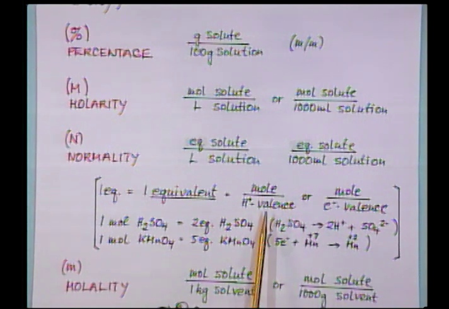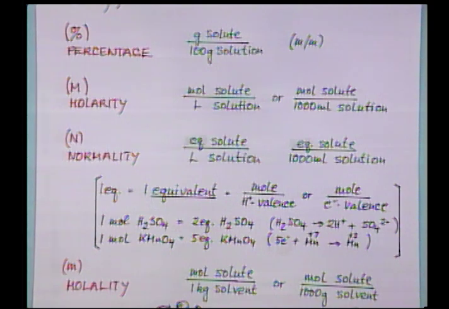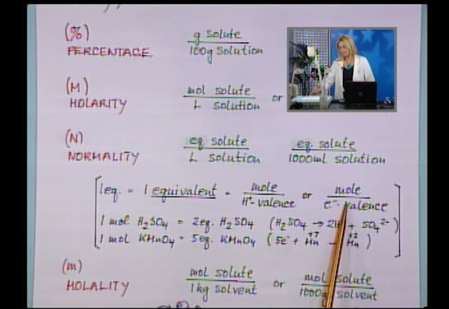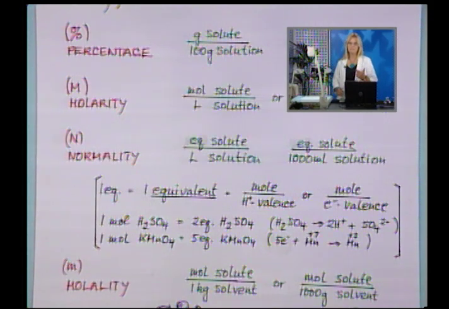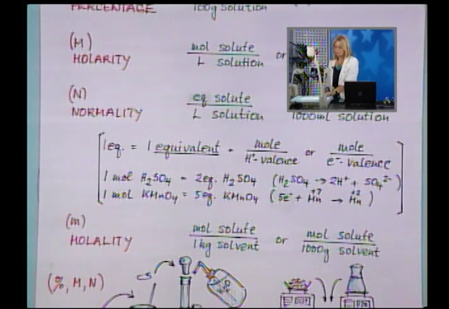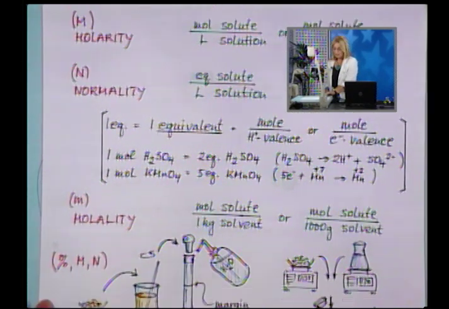So if the proton valence is 2, then it would be half a mole. Or we can also relate it to the number of electrons exchanged in a redox reaction. So let's say if 5 mole electrons are exchanged, then an equivalent mass would be 1/5 of a mole. So you see, it's very similar. It just makes it easy to combine solutions in a 1-to-1 ratio.